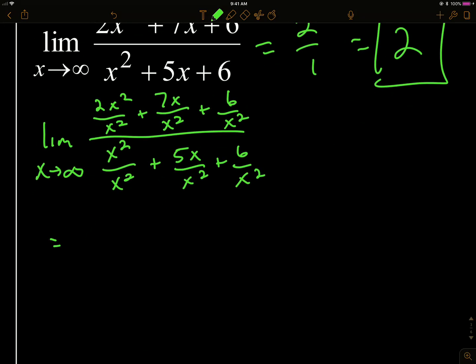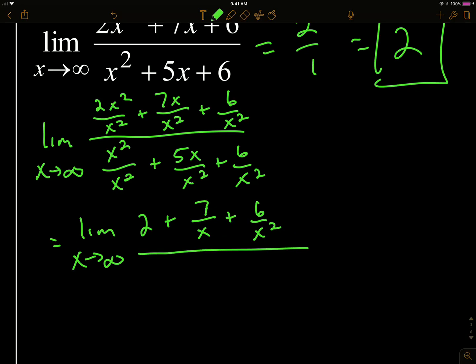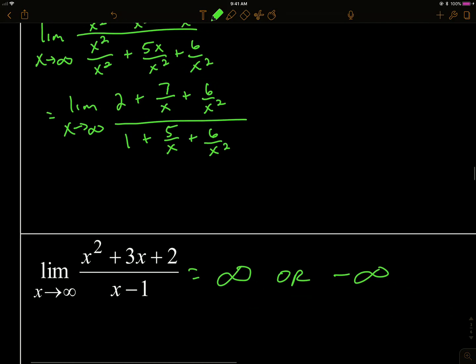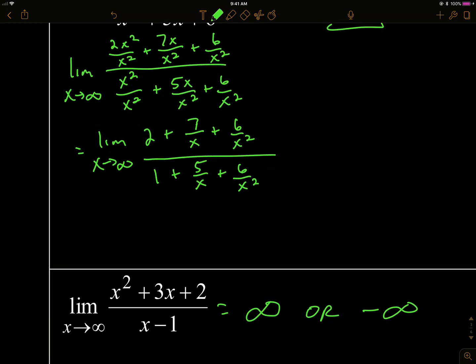And now if I do my substitution, first I've got to simplify. As x approaches infinity, I get 2 plus 7 over x plus 6 over x squared. Let me try that again. x squared over x squared is 1, plus 5 over x plus 6 over x squared. Okay, so now we're going to do our direct substitution of infinity.